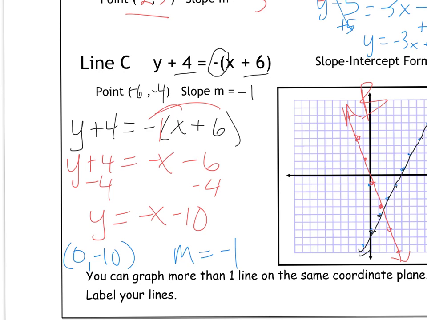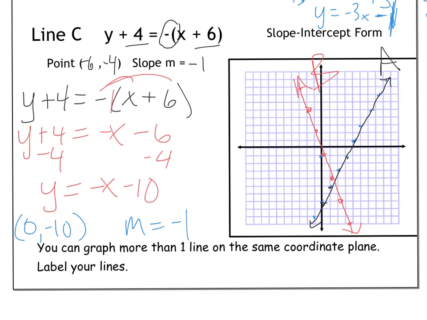So plotting those points, starting with negative 6, left 6, 1, 2, 3, 4, 5, 6, down 4, and going down 1 over 1, down 1 over 1, trying to be perfect with this, my finger, but it's a little bit more difficult than it looks, people.